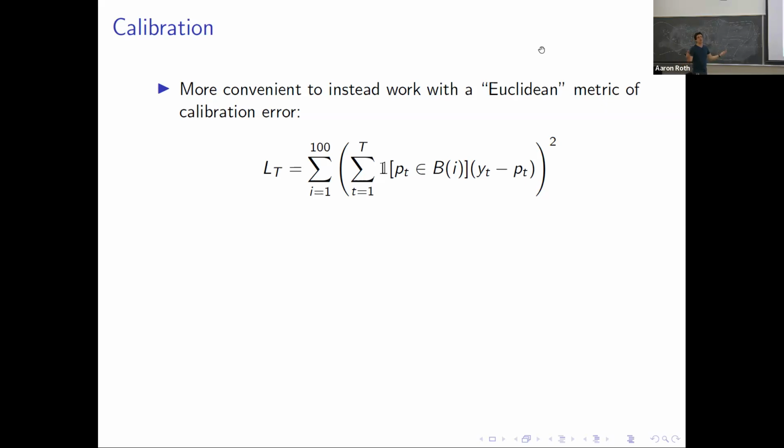It can't become negative, but it's a different metric. It's going to be more convenient for us to work with because this is differentiable.